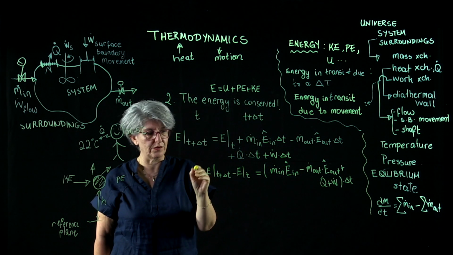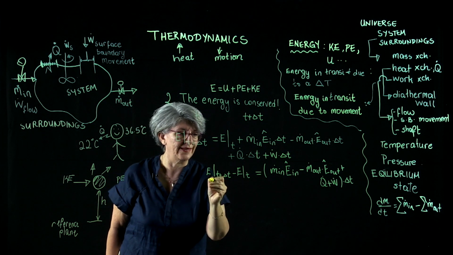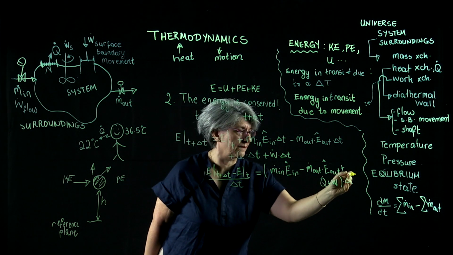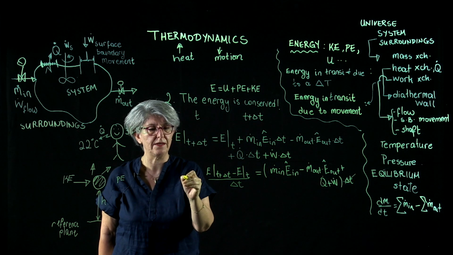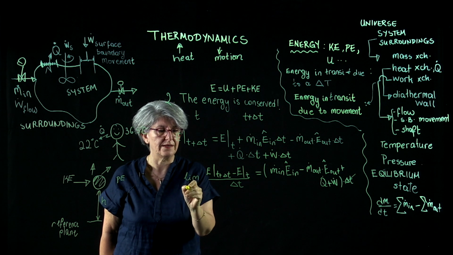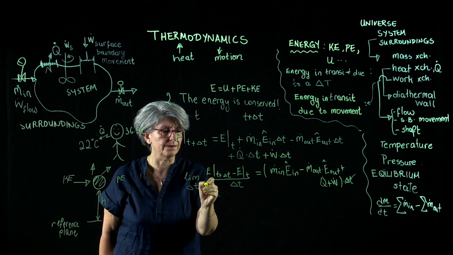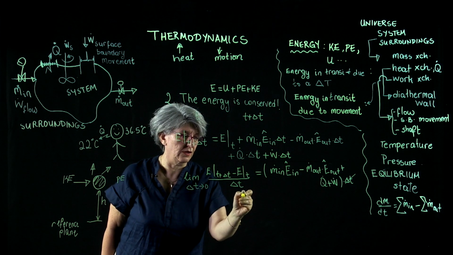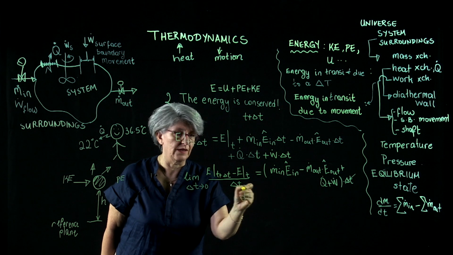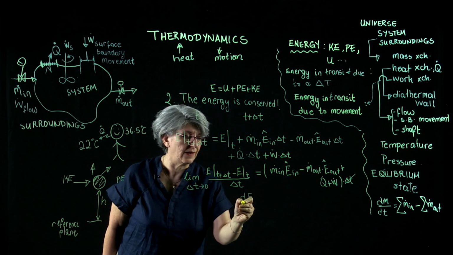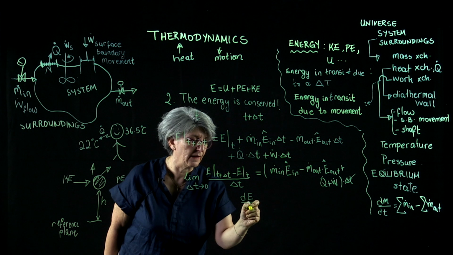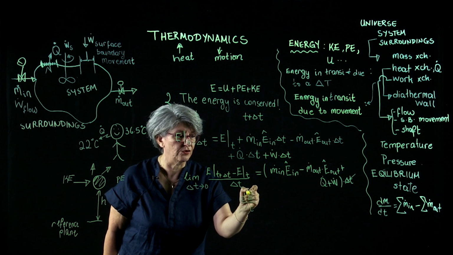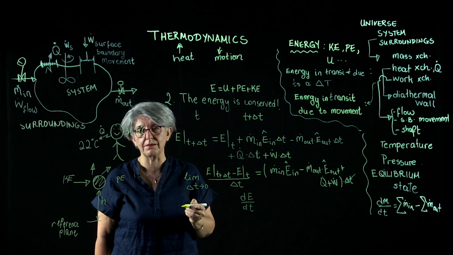I will divide both sides by delta T. I will take the limit as delta T goes to 0. And this term is going to represent the time rate of change of total energy within the system boundary.